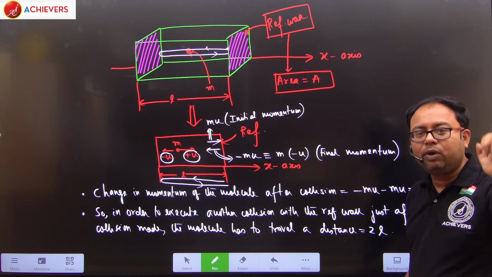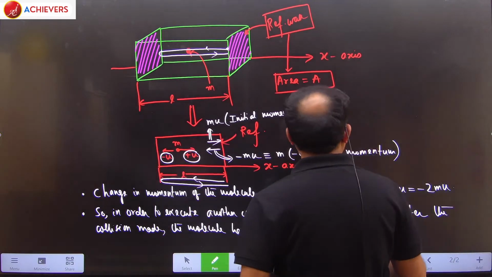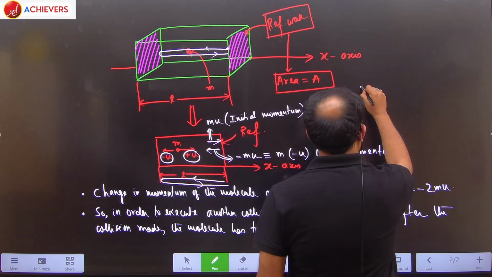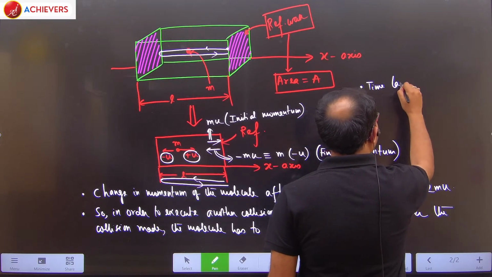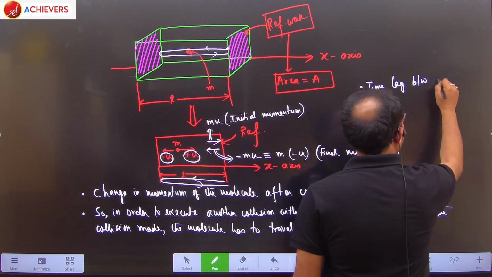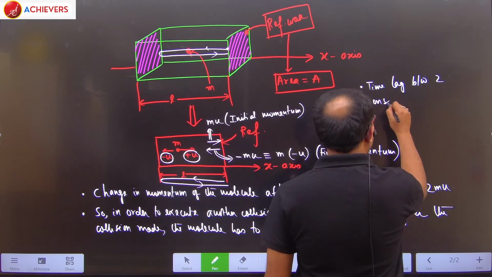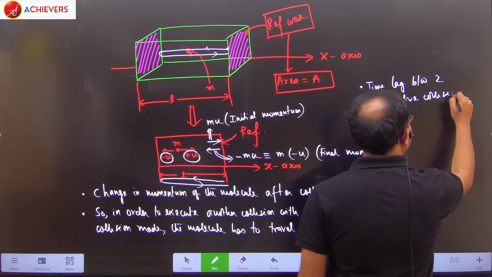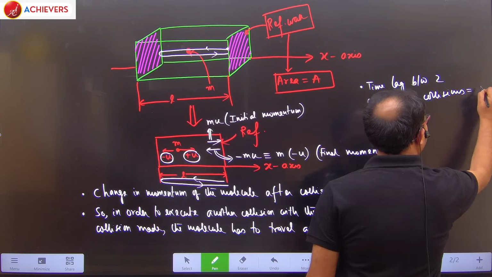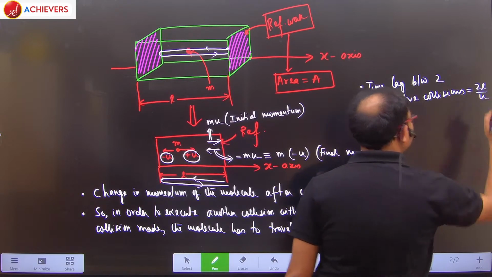So it becomes 2L by u. So you can say time lag between two consecutive collisions is equal to 2L by u.